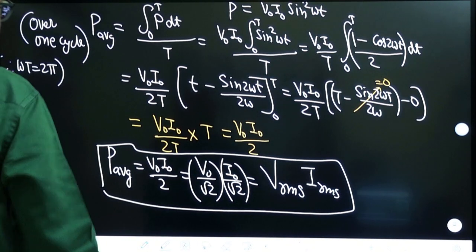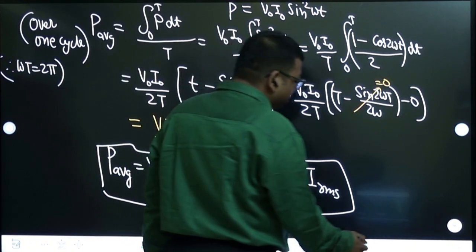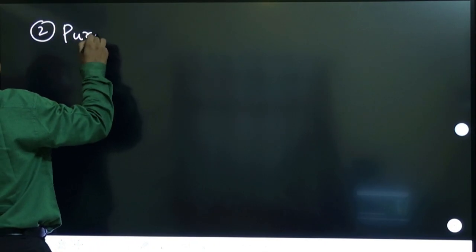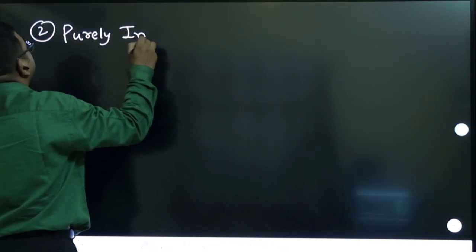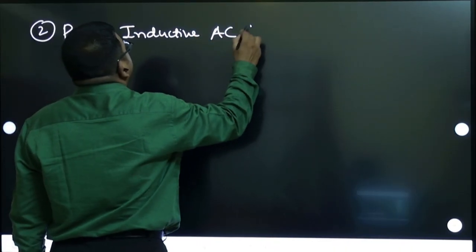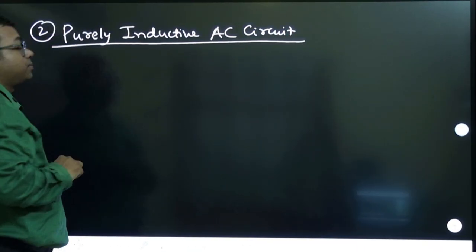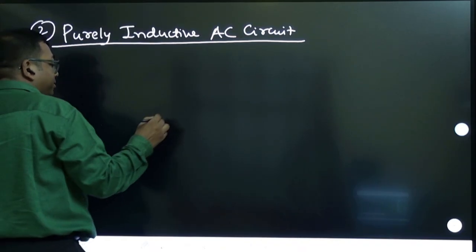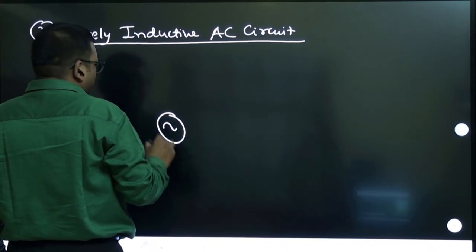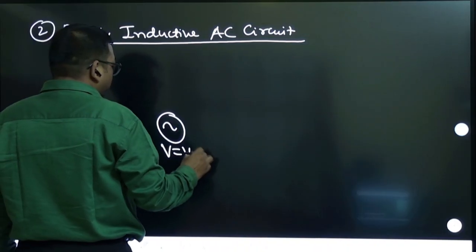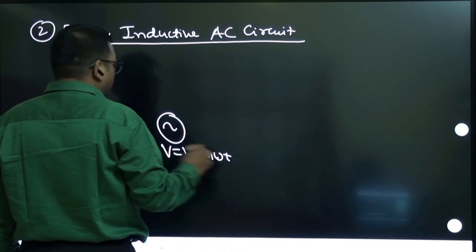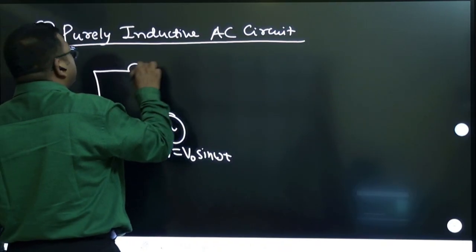Okay, let us move now to the purely inductive circuit. Second circuit, very important: purely inductive AC circuit. Purely inductive circuit means V equal to V naught sine omega t is connected with the inductor.